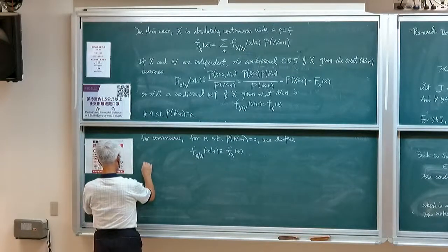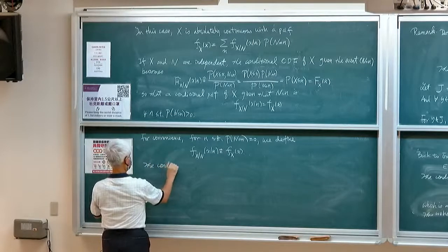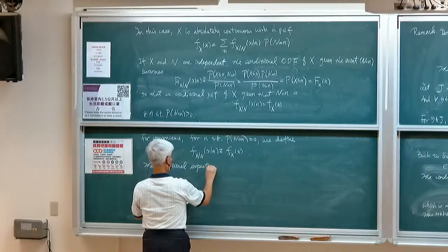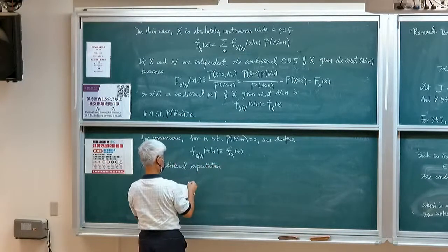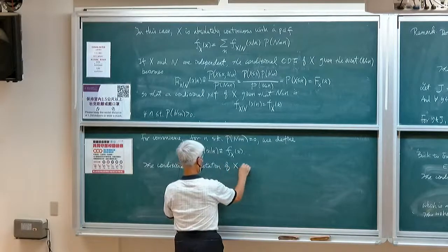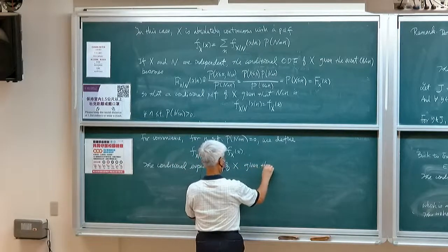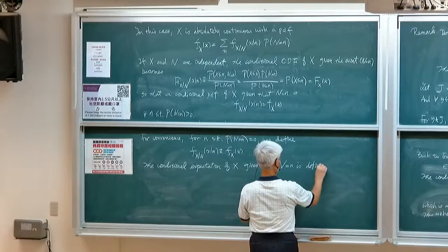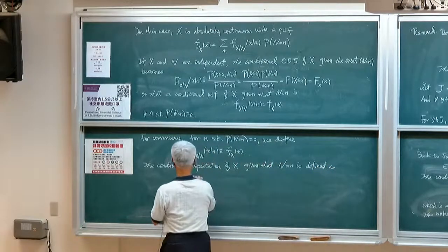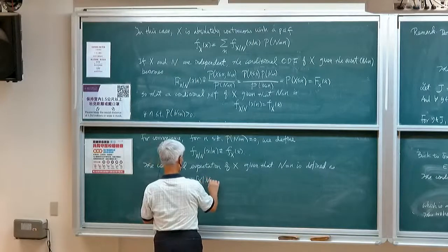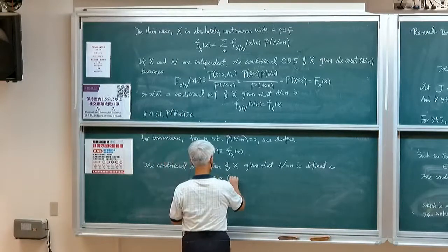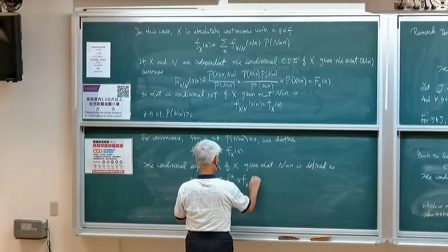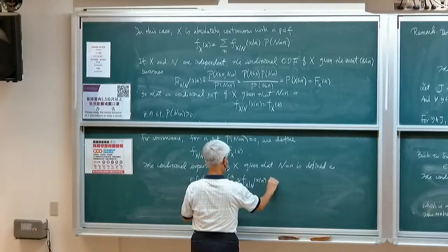Now the conditional expectation of x given that capital N equal to little n is defined as the integration of this sum.